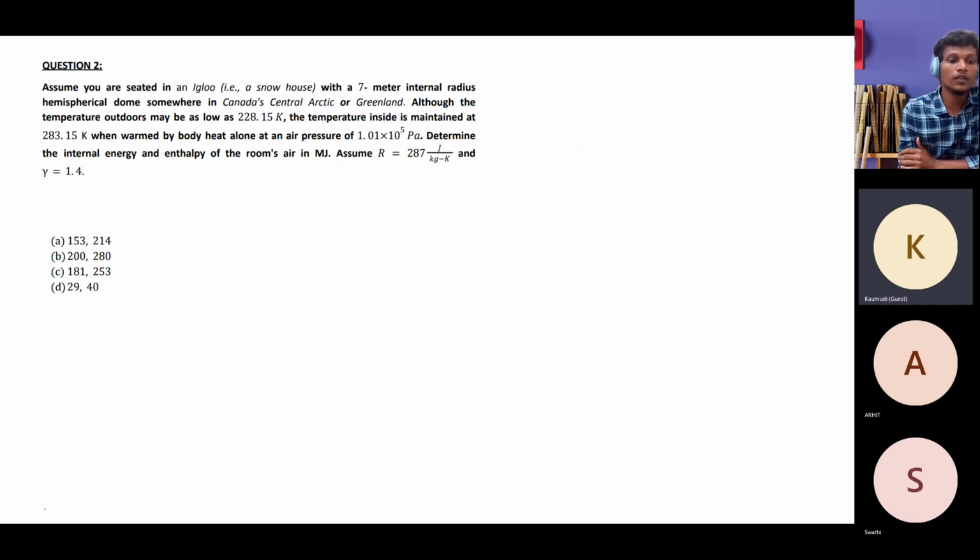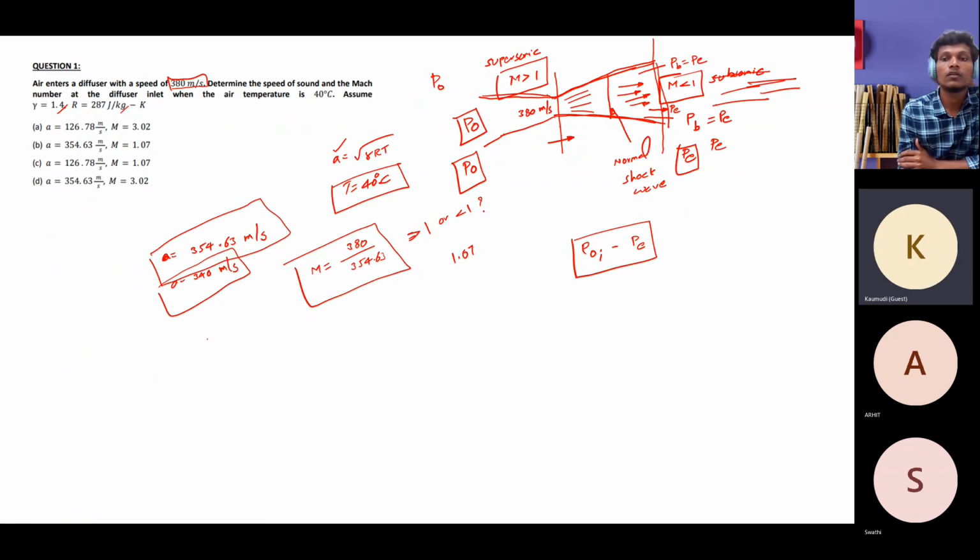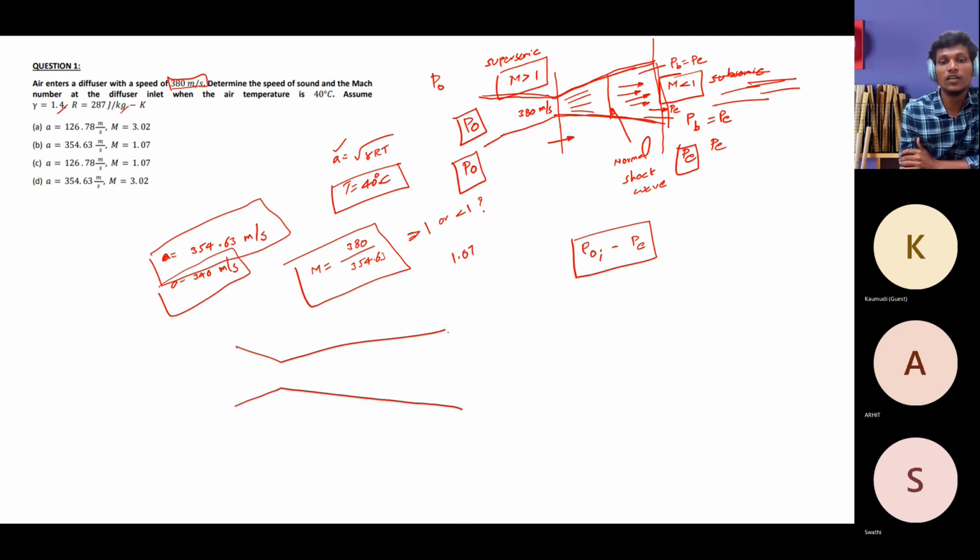One minute, sir. What will happen if the shock is formed at the edge of the diffuser? Will the pressure still remain the same? Exactly. It is a good question. If you have a shock exactly at the end, you will have the same PE. You usually get this in competitive exams.